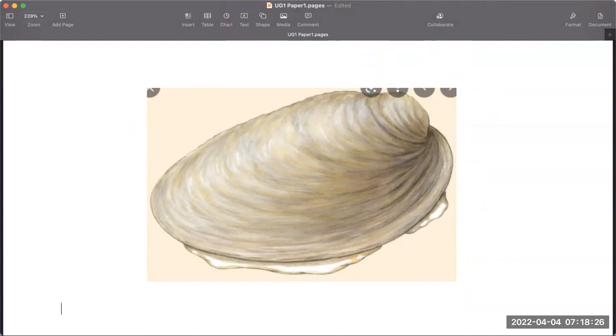Now the characters are, the body is bilaterally symmetrical and segmented. Mantle is dome-shaped. The shell comprises a single piece or valve. This is not bivalve, it is single valve. Bivalve is in another class.